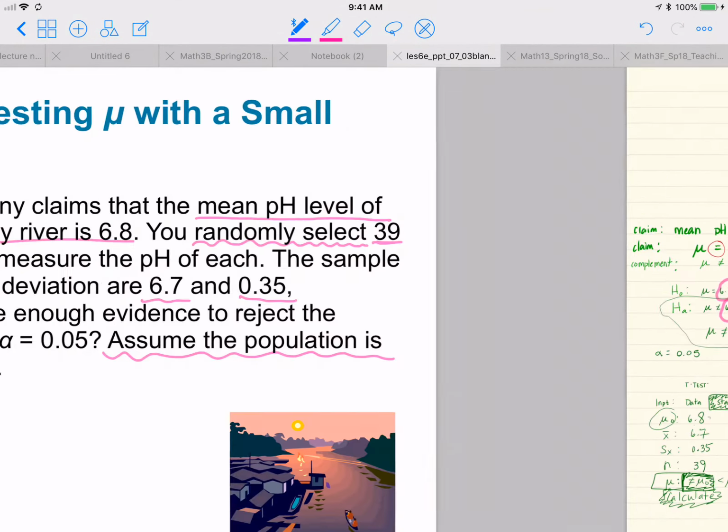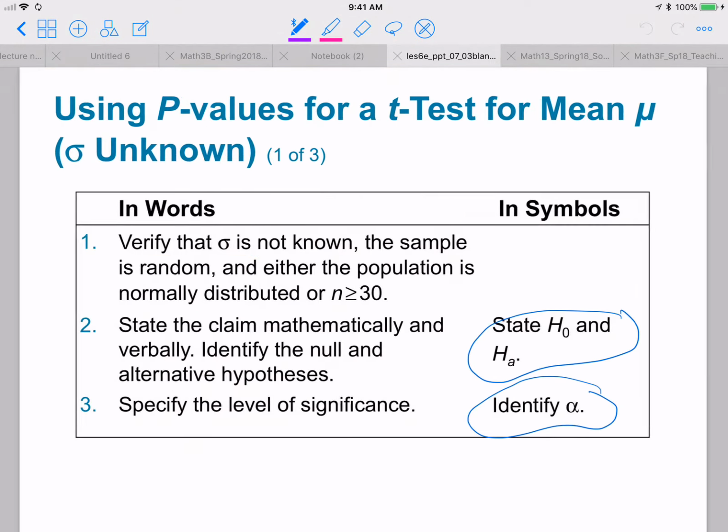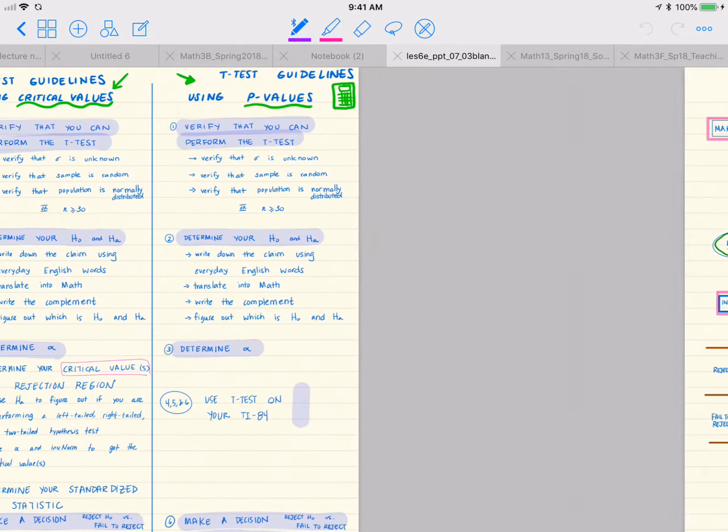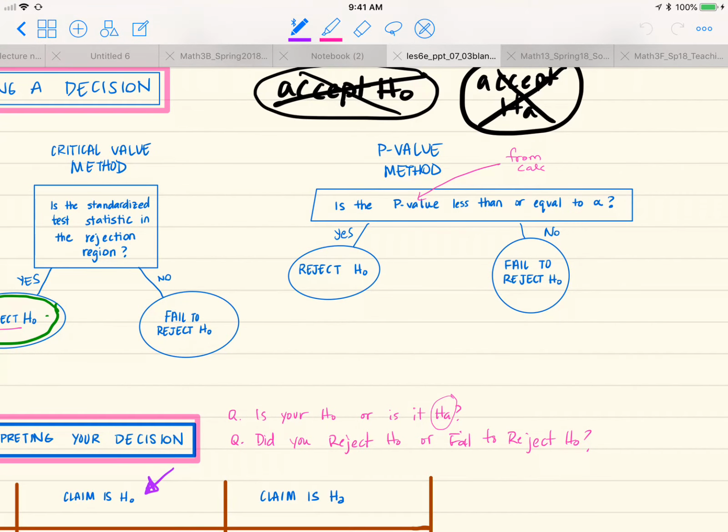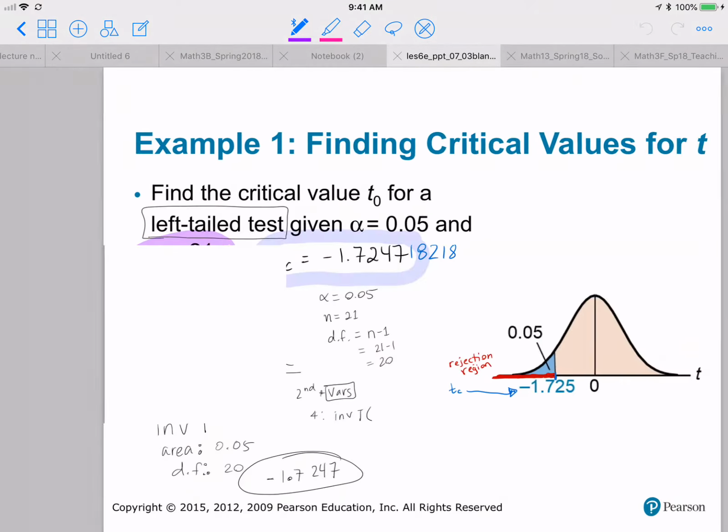If we are using the p-value method, the question we need to ask is: is the p-value less than or equal to alpha? We've got our p-value from the calculator and our alpha from the problem. If it is, reject H naught, and if it's not, fail to reject.